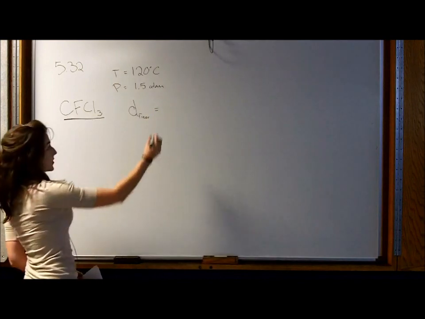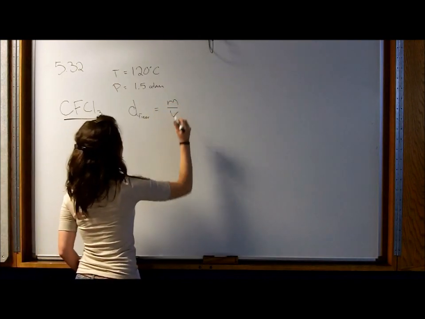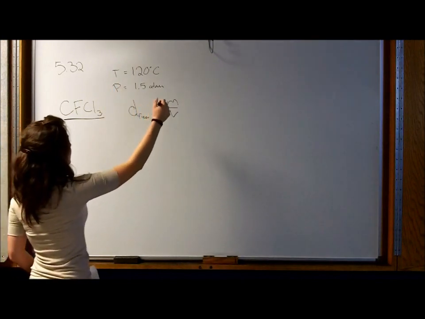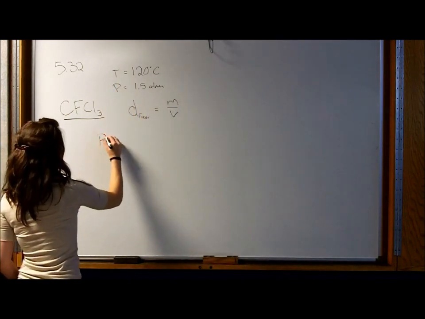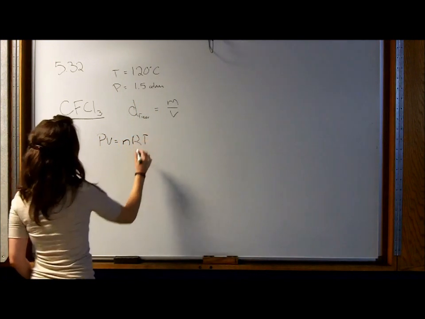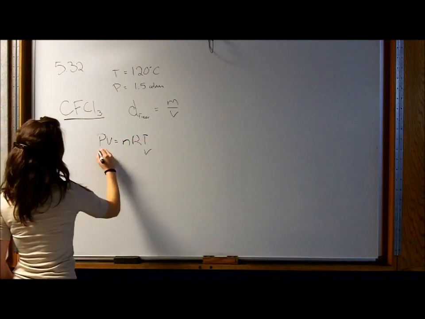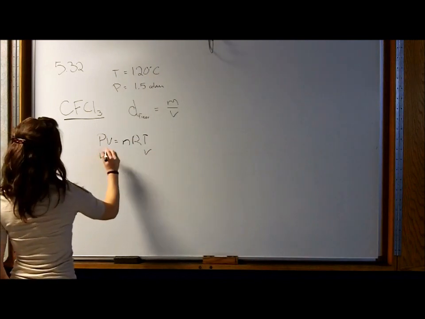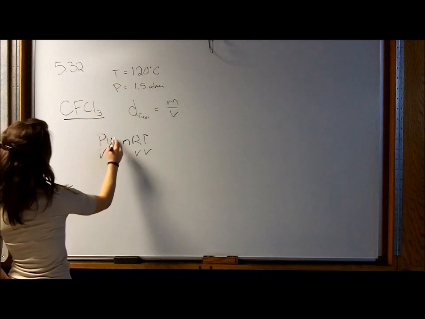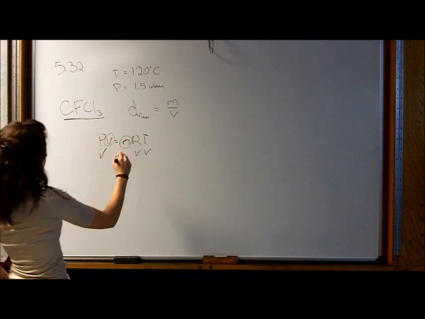And density, as you know, is mass divided by volume. And we have temperature, pressure. We know how we can relate those as PV equals nRT, and we have temperature, pressure, and R. However, we don't know volume, and we don't know the moles.